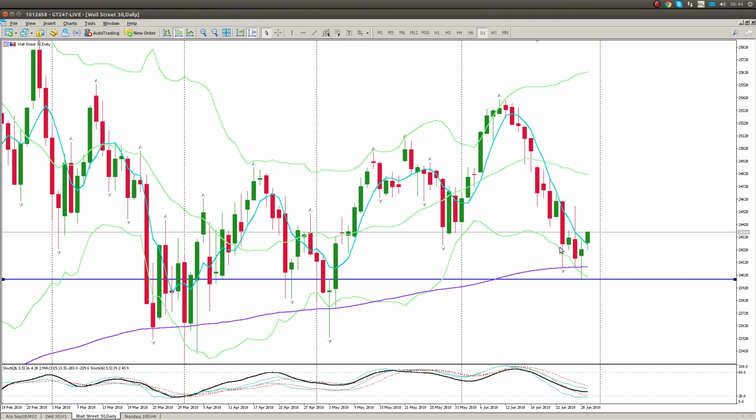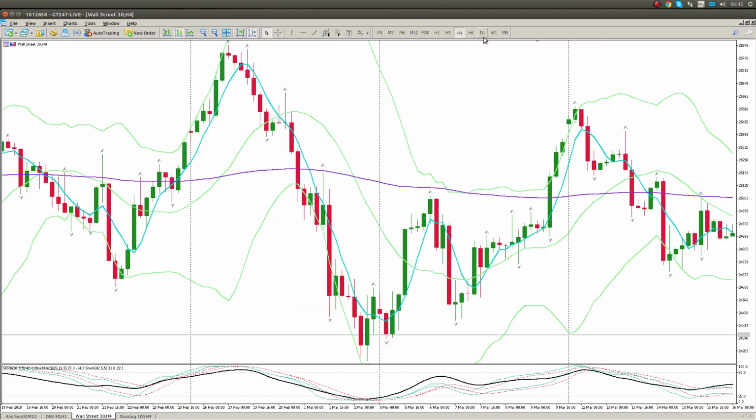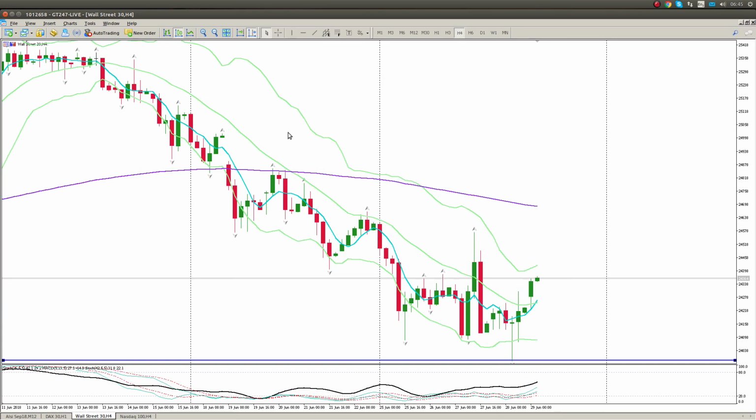We don't really have a solid bullish reversal pattern at the moment. The only thing we've got going for us is a rejection of the 200 EMA. But if we look on the 4 hour, we have the potential of a reversal happening.